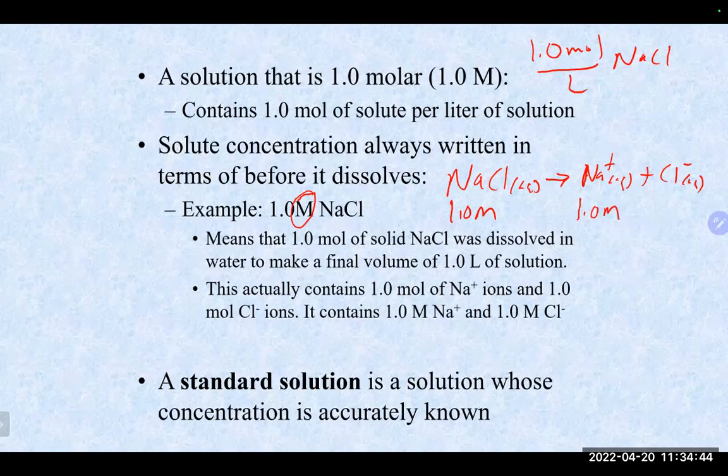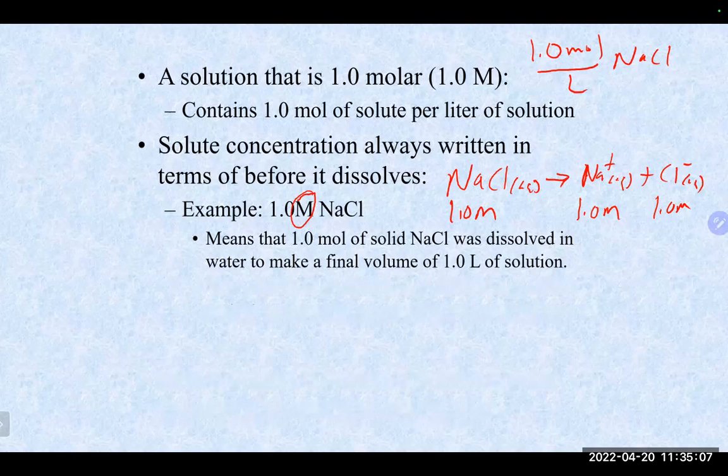And the chloride ion, a 1-to-1 relationship, would also be 1 molar. So how you deal with the concentration of just ions is a stoichiometry relationship. If it breaks apart in a 1-to-1 relationship, it's the same number, multiplied by 1. If it breaks apart in a 1-to-2 relationship, you take the molarity and multiply it by 2.